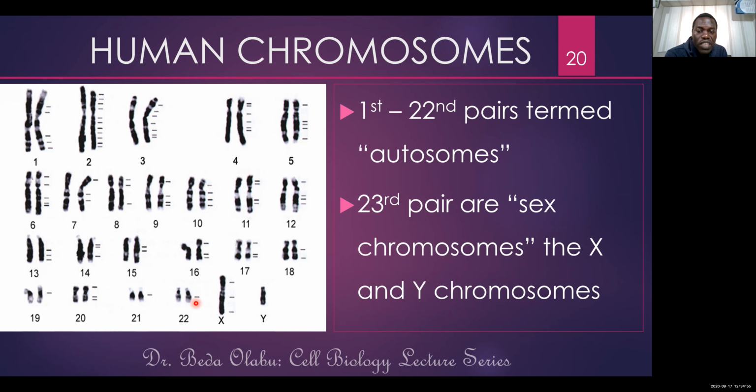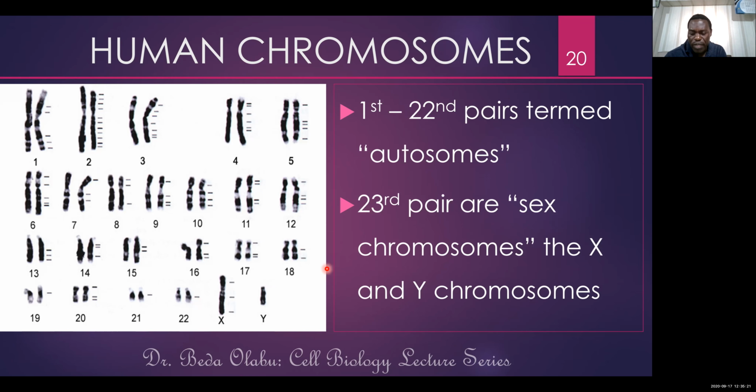So disorders that affect the 23rd pair of chromosome are sex-linked disorders. They can either be X-linked or Y-linked, but they are sex-linked disorders. They are not autosomal disorders. Right, so this is the 23rd pair of chromosome.